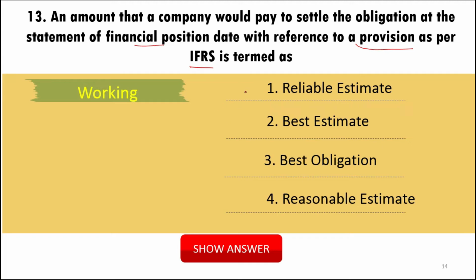That amount is actually an estimate. So what do we call that estimate? Reliable estimate? No. Best obligation? No. Reasonable estimate? No. We call it best estimate. So an amount which a company has to pay as provision as per the IFRS is called best estimate.